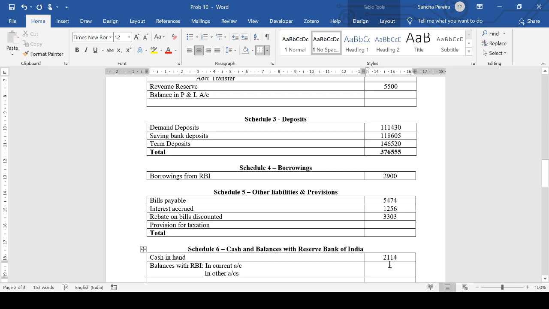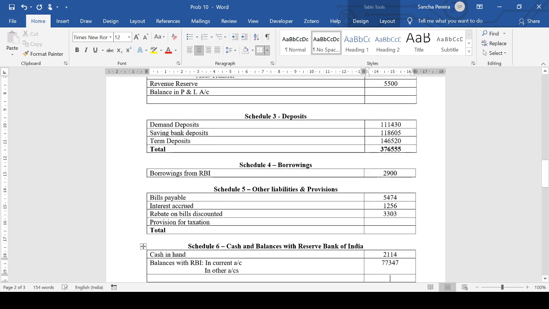So in current account it is 7734, and in other accounts it is 98.5. Okay. So the total here comes to 8446.